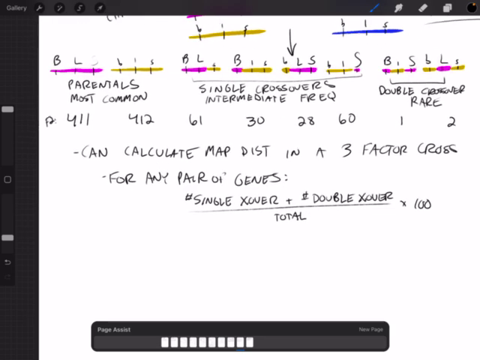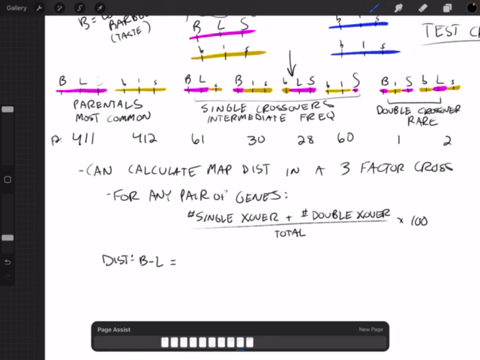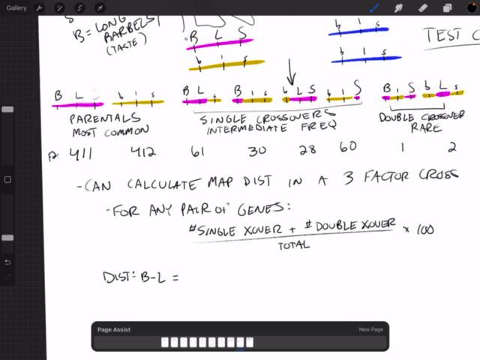So in our example, the distance between B and L is going to be equal to any time that you have the B and L alleles swapped, right? In our parentals, we have dominant B and dominant L together here, and we have recessive B and recessive L together here. So what we're looking for are cases where you have the dominant B with the recessive L or the recessive B with the dominant L. In this case, we have dominant B and dominant L together, so we don't have to worry about those.